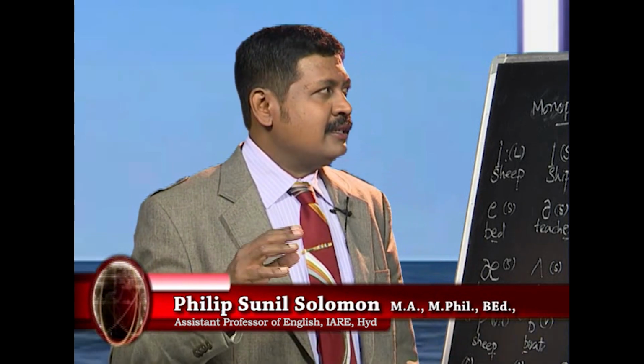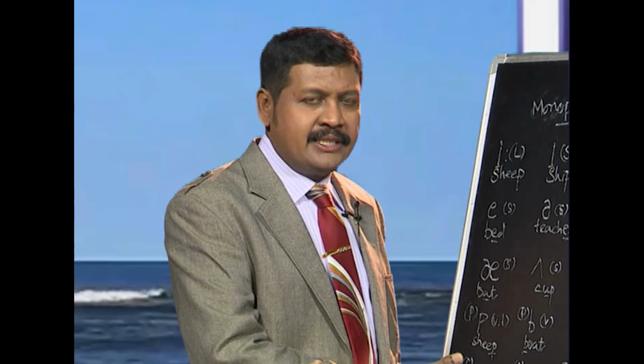In the beginning, our primary focus is on the International Phonetic Alphabet, which is known as IPA. And here is the chart that includes all the 20 vowel sounds and 24 consonant sounds.